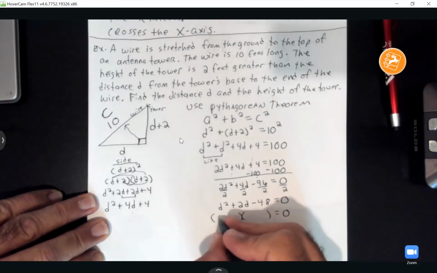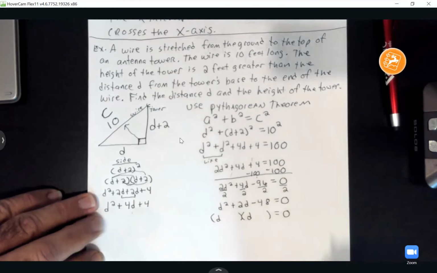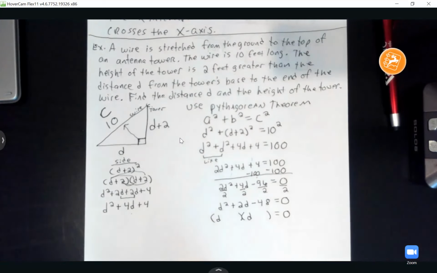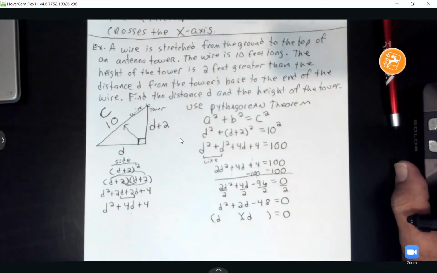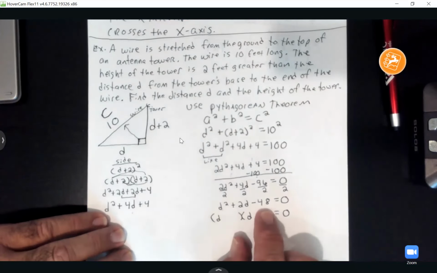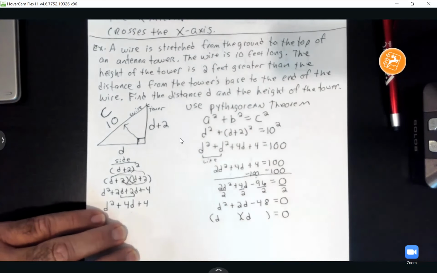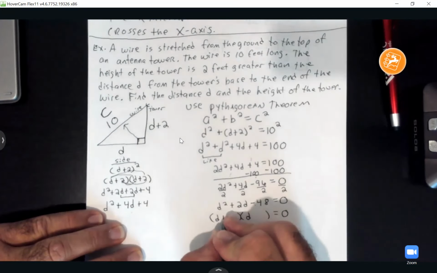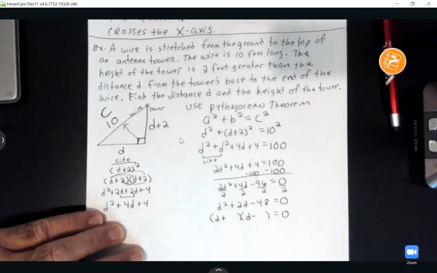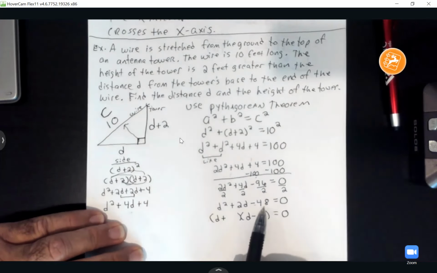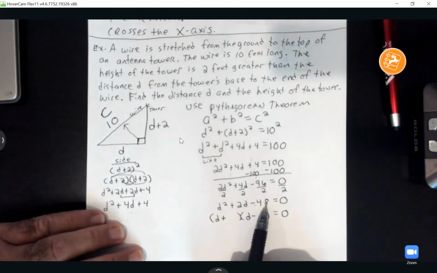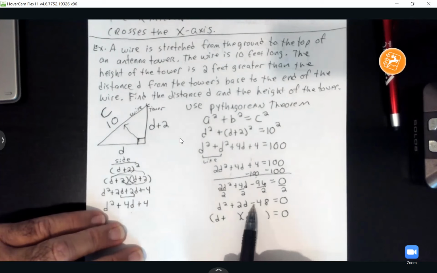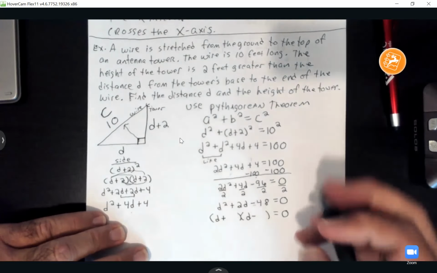D squared is a D and a D. Now remember, if you don't like factoring, use the quadratic formula. Remember, that's negative, so one of these is positive, one's negative. I need to find factors of 48 that will subtract and give me a 2.